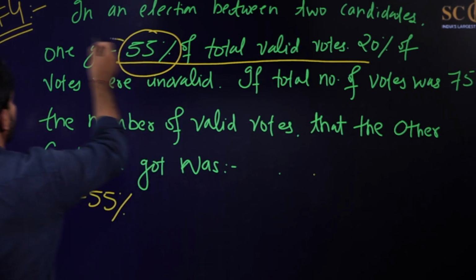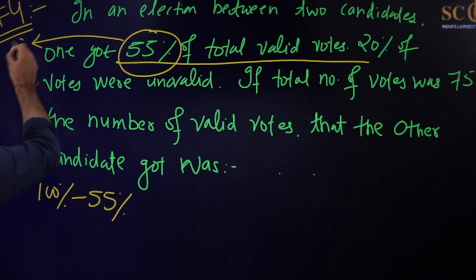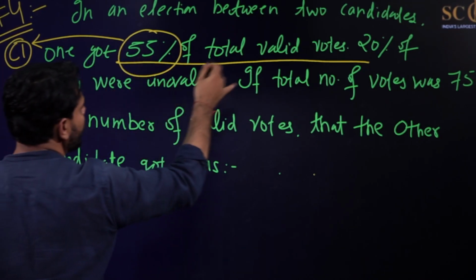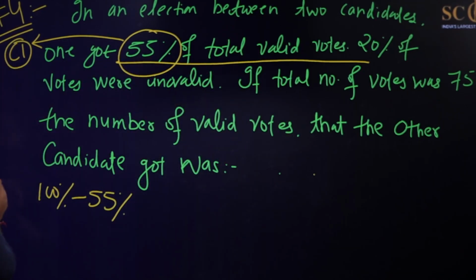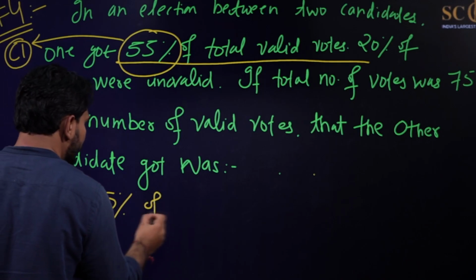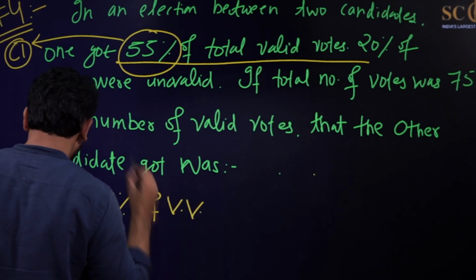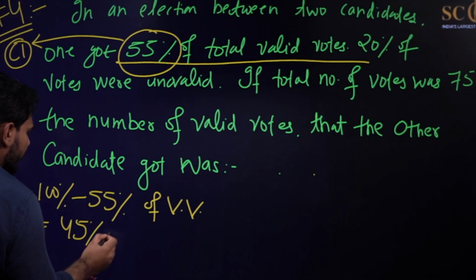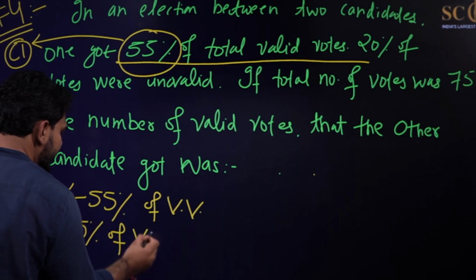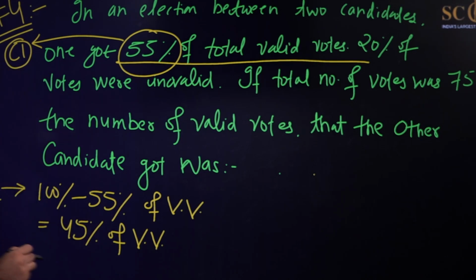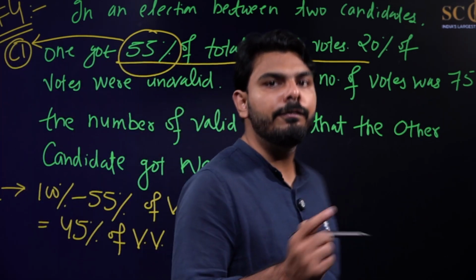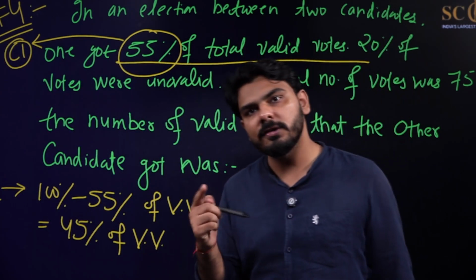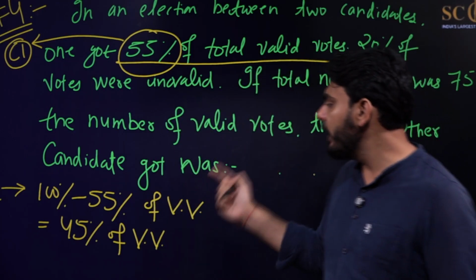So it will be 45% of the valid votes. One candidate is getting 55% of the valid votes, the other candidate will be getting 45% of the valid votes.